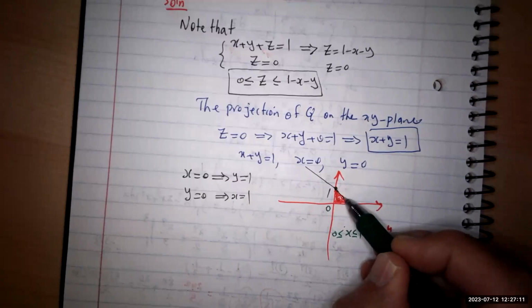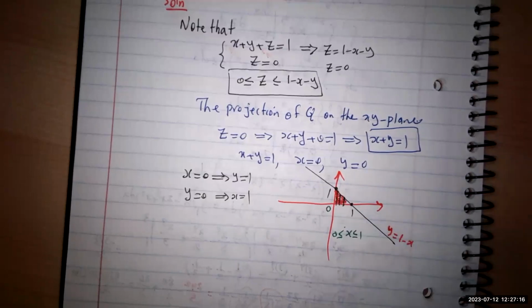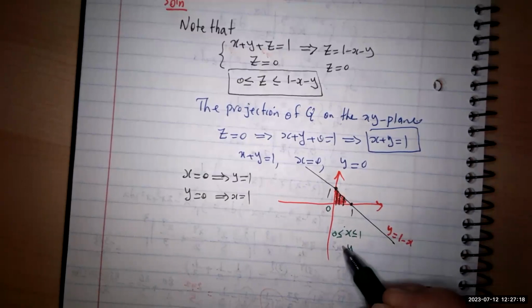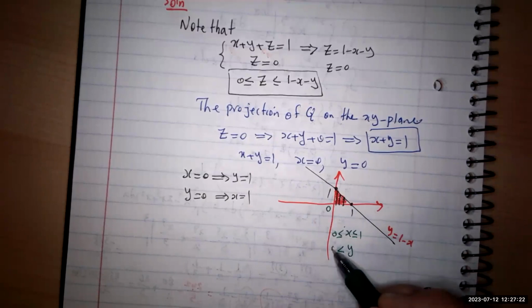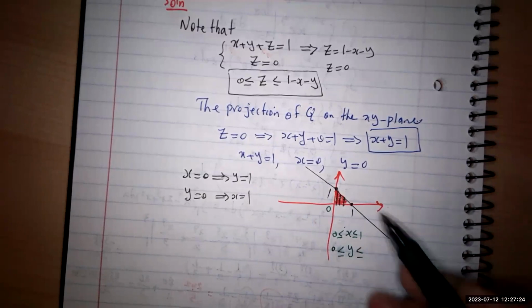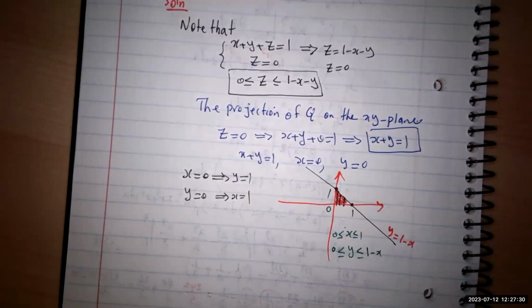Up, down means your y would be between the x-axis, which is y equal to 0, and it's always below the line. And the line is y equal to 1 minus x. So that gives you the domain, all the restrictions that you need.